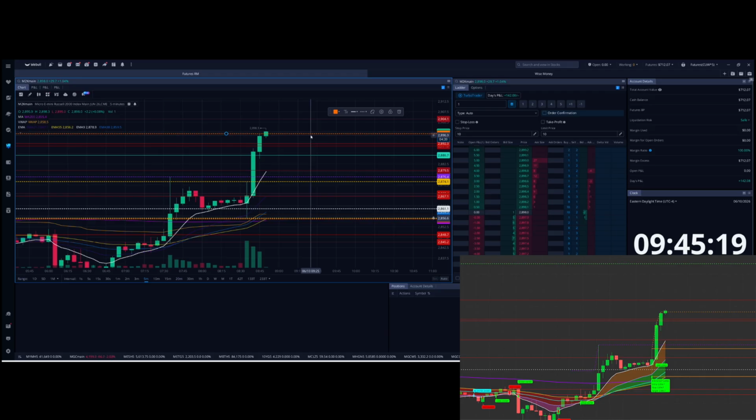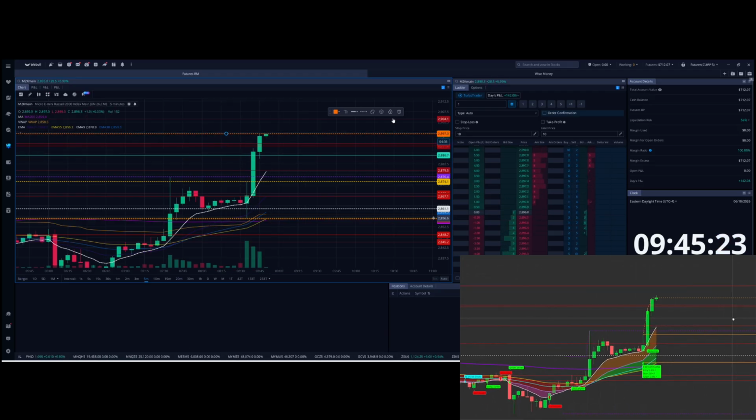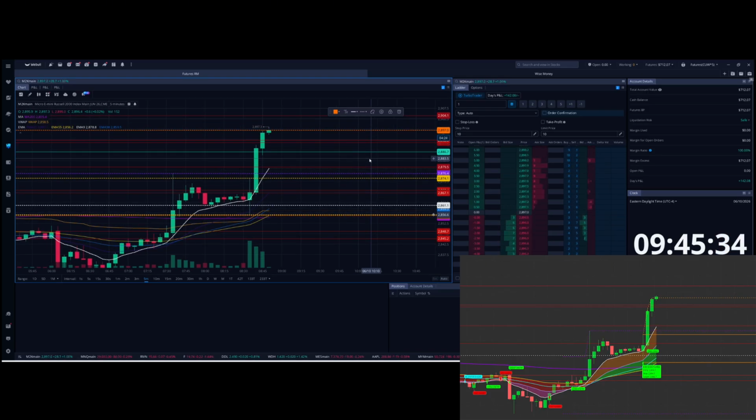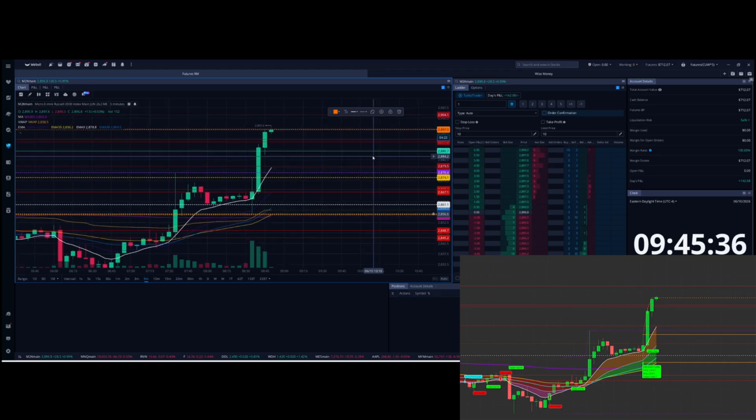All right, that was our 15-minute candle. We can lock that in. See if we're going to get a reversal.